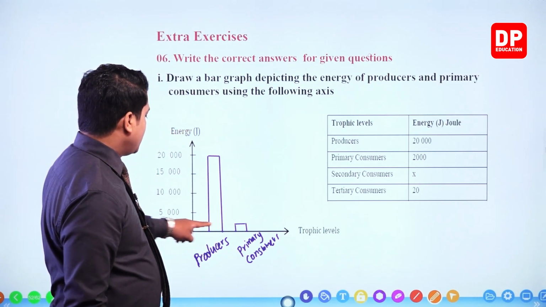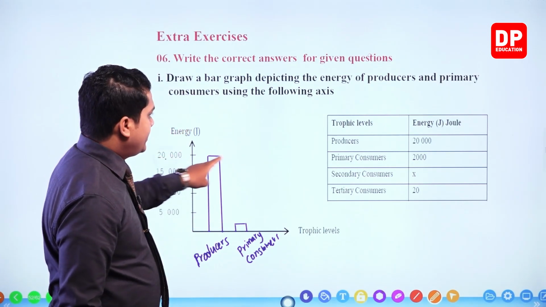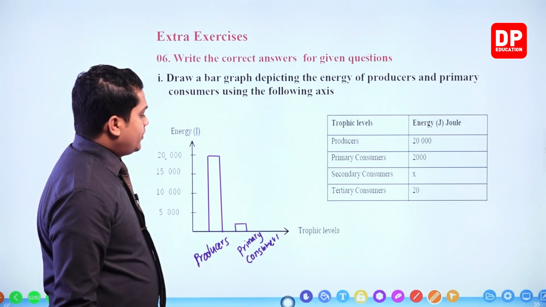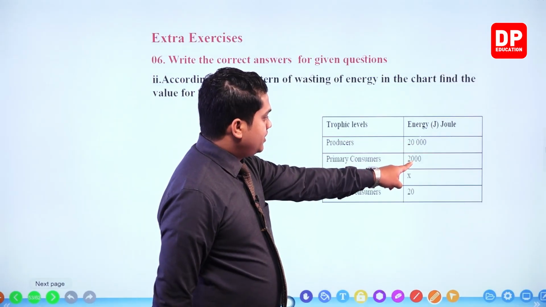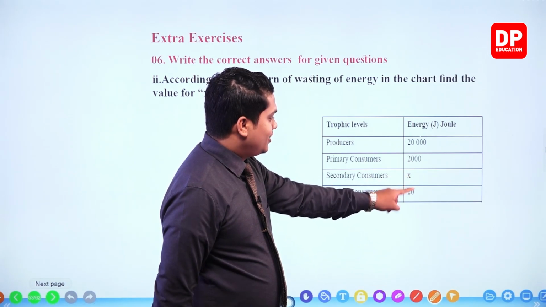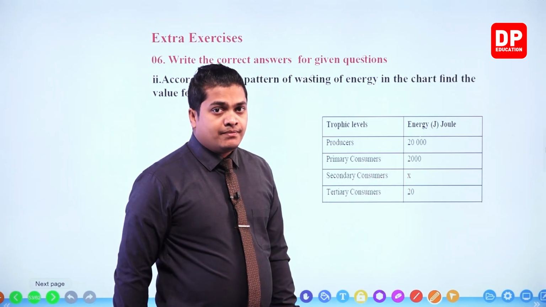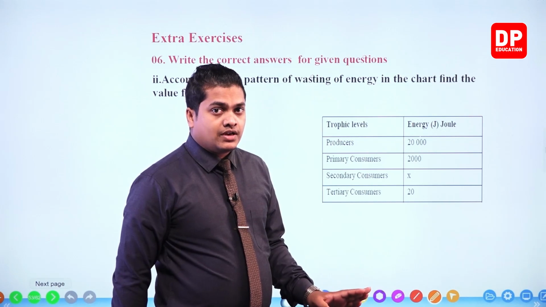Right. So here 2,000 and here 20,000. Okay. Then the next one. According to the pattern of wasting energy in the chart, find the value of X. 20,000, 2,000, X. You know that only 10% is passing to the next trophic level.